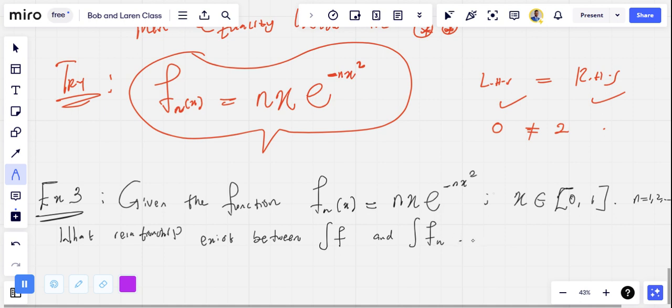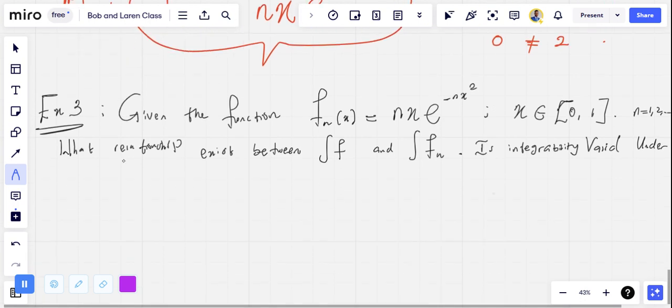Let me put a full stop, and also let me ask another question. Is integrability valid or not? When you take this integral that you have here, is integrability valid under the limit operation? Under the limit operation. So let's confirm.